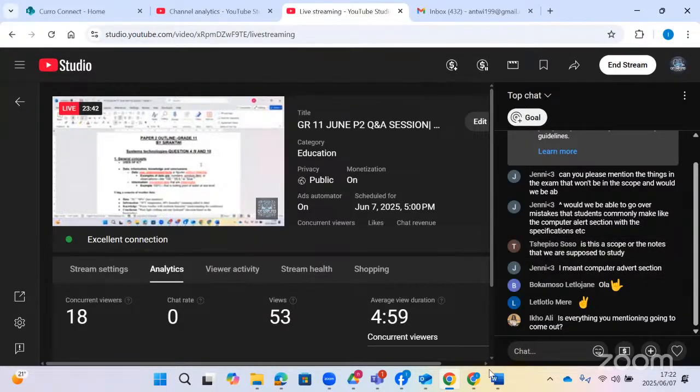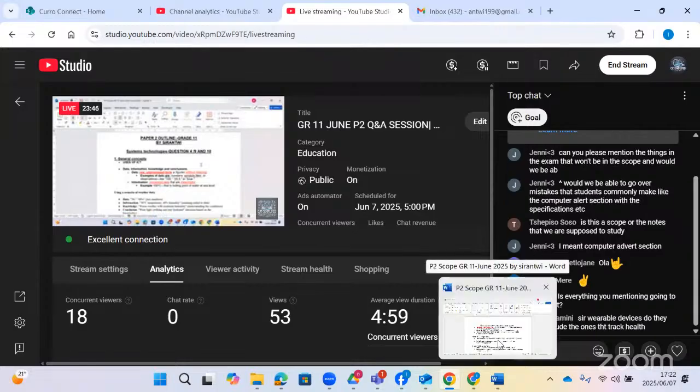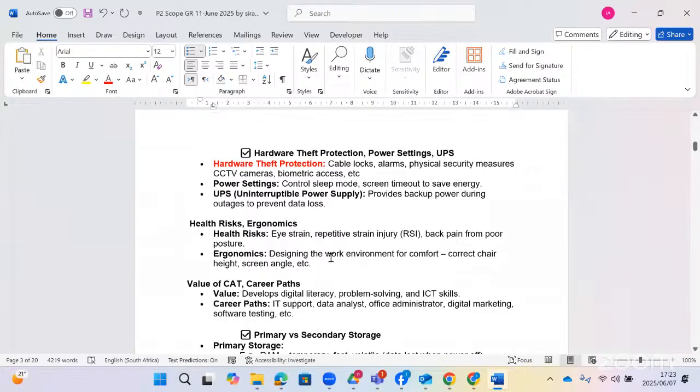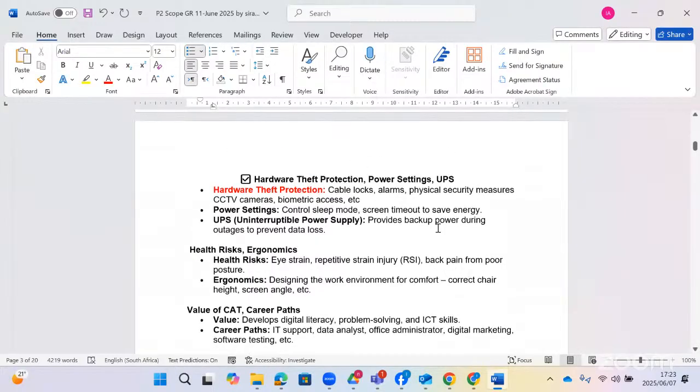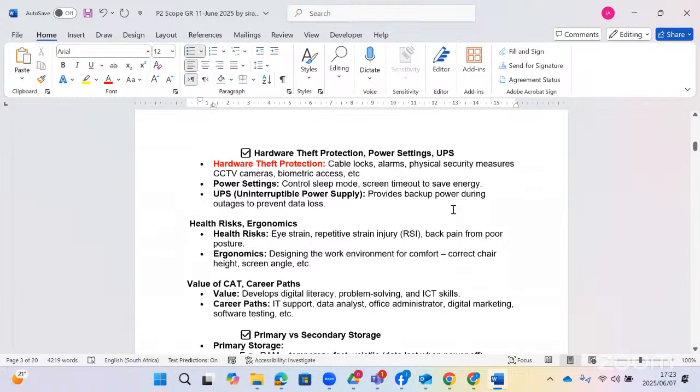Right. These are all the concepts or topics that we have covered during term 1 and term 2. Now, hardware theft protection, and then the power settings as well as UPS. When we talk about hardware theft, that's stealing of different hardware like smartphones, tablets, laptops, keyboard, mouse.